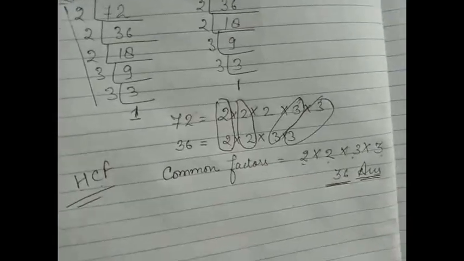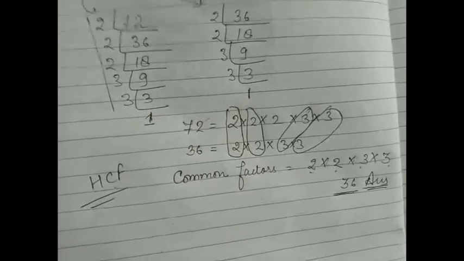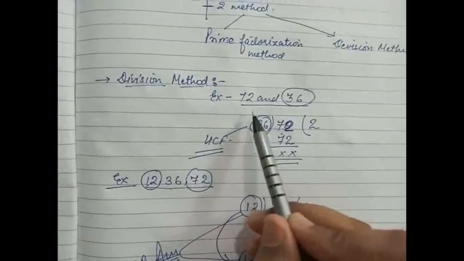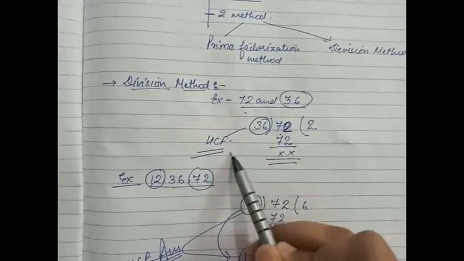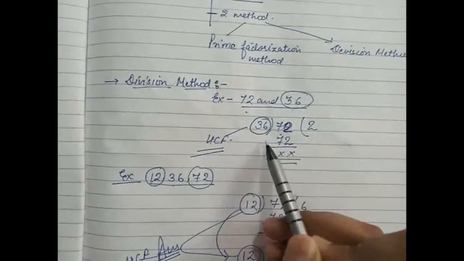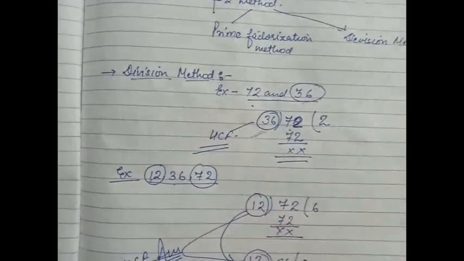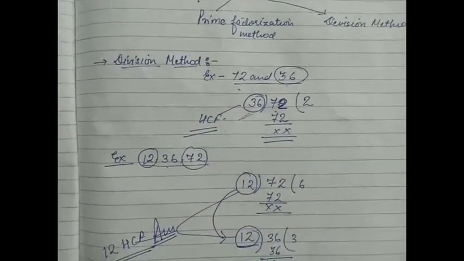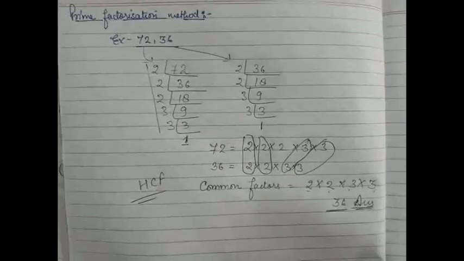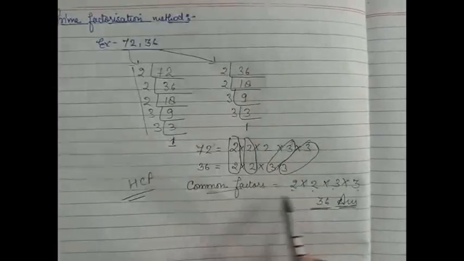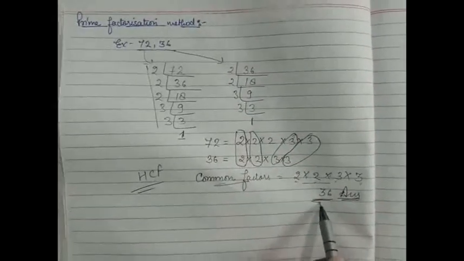Let's compare it with the division method. For 72 and 36, by the division method we divided 72 by 36 and got the HCF as 36. With the prime factorization method we can see the common factors here, and our answer is 36.